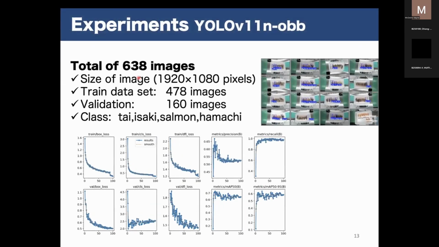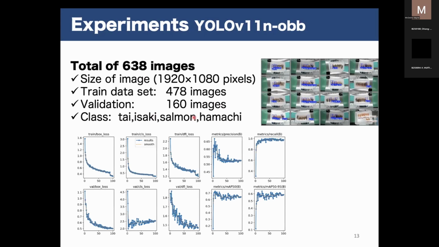So we did some experiments at this stage using the YOLO version 11 model, and we expanded our data set to 638 images, including 4 distinct classes for different types of fish.